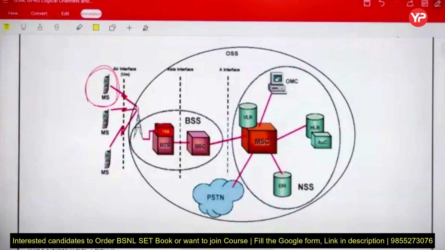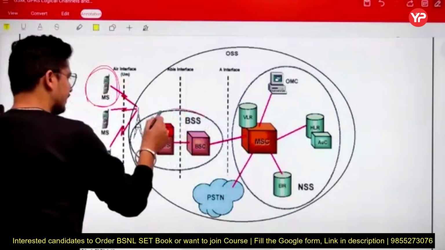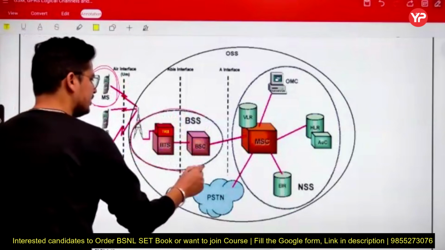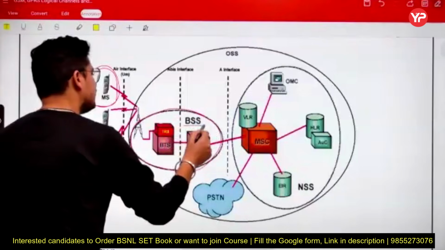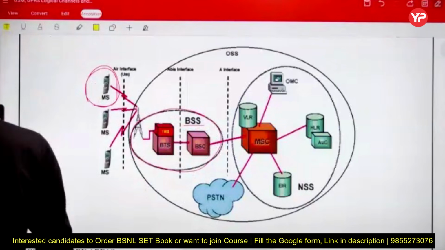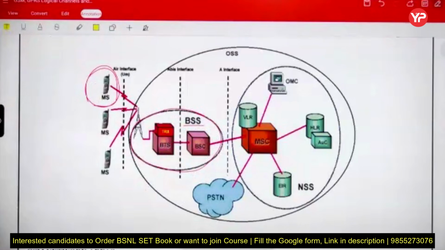That mobile station communicates with your tower, and the tower has this complete structure. This complete structure is known as BSS, base station subsystem.